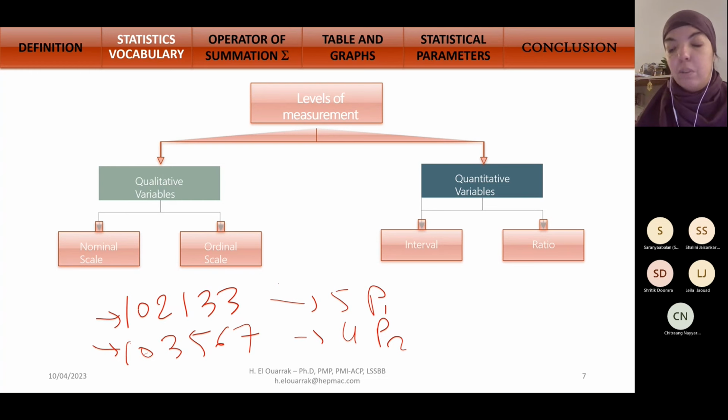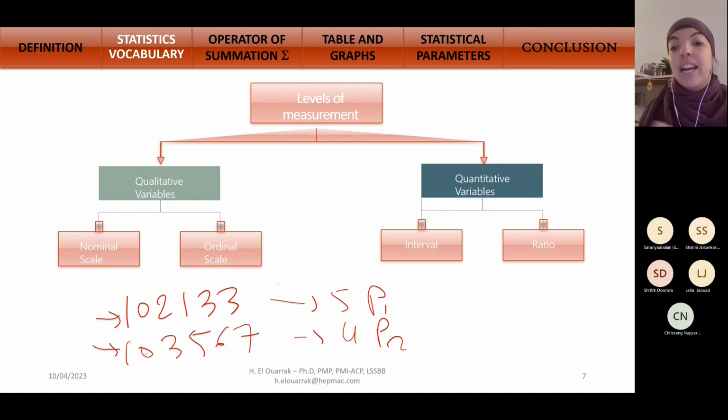The interval goes from, I don't know, minus 200 something to plus something. I don't know what the full range is, but 0 is just another value. It doesn't mean that it's actually 0. So that's what interval is.